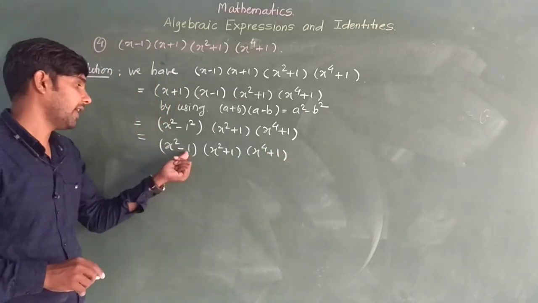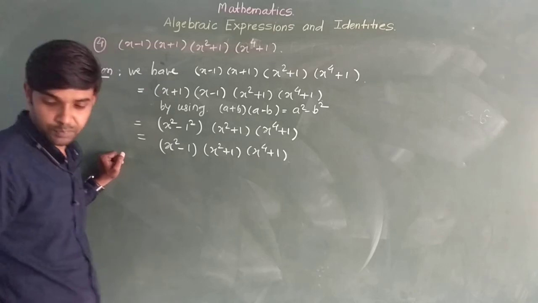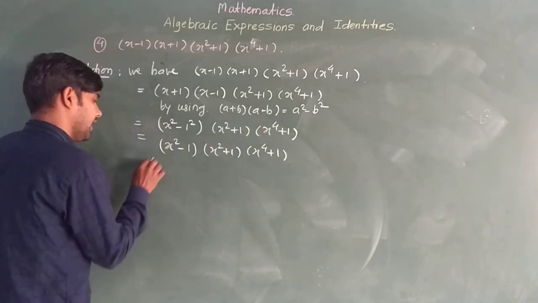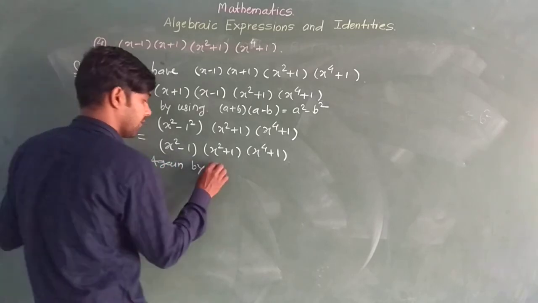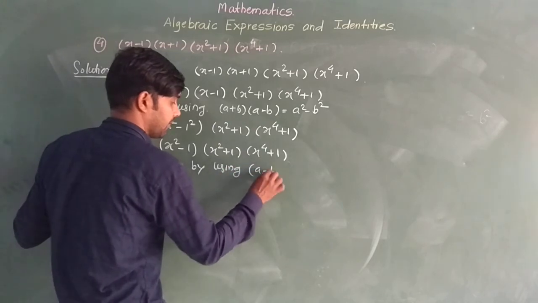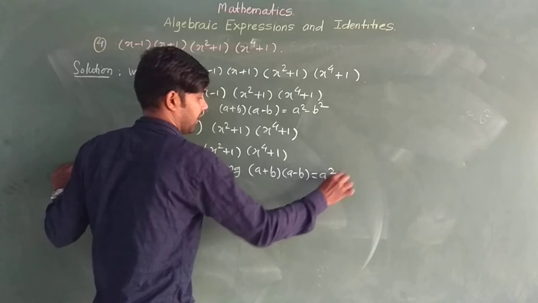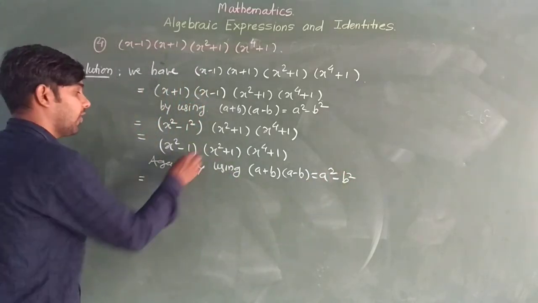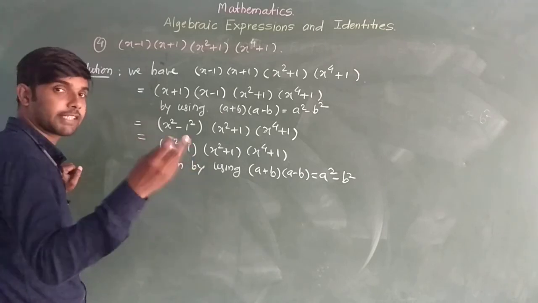Again here, x square minus 1 and x square plus 1, that is the a minus b and a plus b. So again we use, by using (a minus b)(a plus b) is equal to a square minus b square, we can write the square of the first term minus the square of the second term.